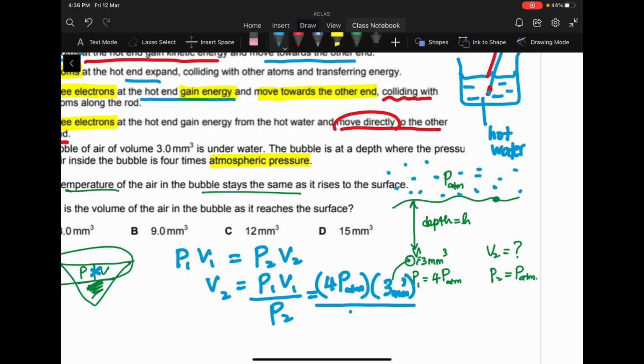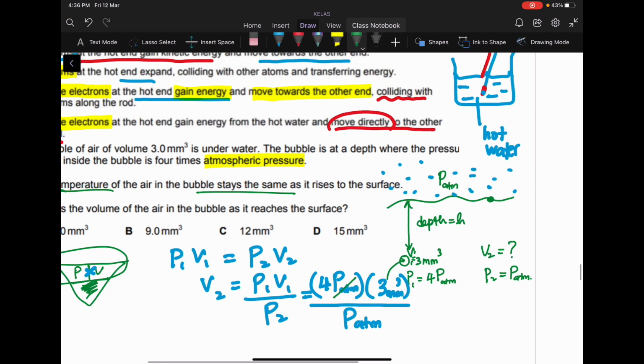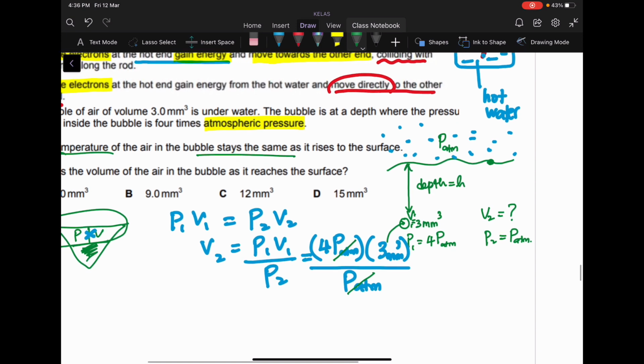What's the P2? PATM. You see, I now write the units. Why? Because if this is paper 3, paper 4 or paper 6, remember to leave the answer with the unit as well.